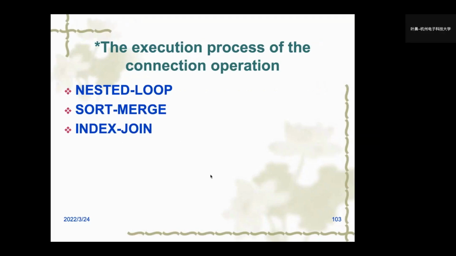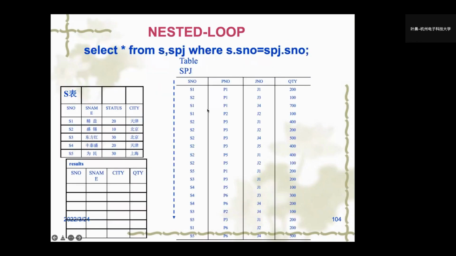And then let's see the execution process of the connection operation, which includes the nested loop, the sort merge, and the index join. This part is only introduced so that you know it, that's enough. For the nested loop, it means select star from S and SPG where S.SNO is equal to SPG.SNO. So this column is equal to this column.